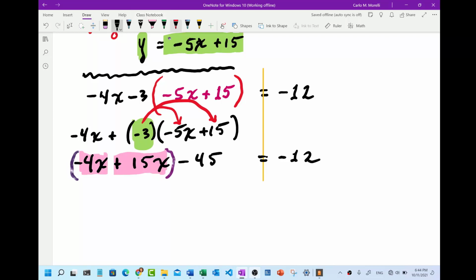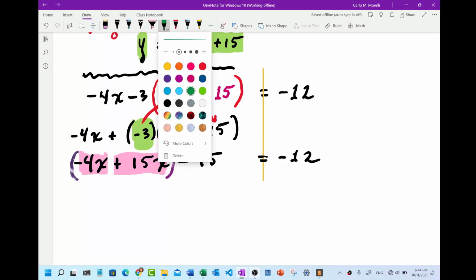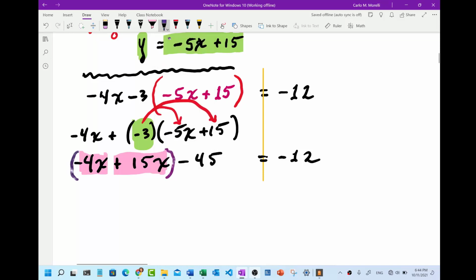But first, and you know, there's 1,000 ways that you could do this, I'm just going to go ahead and add 45 to both sides so that I get my numbers on the right. Why not, right? Again, that would add to be 0, but we just cross it out for simplicity's sake.